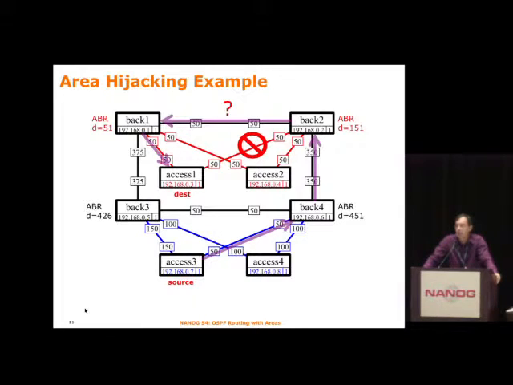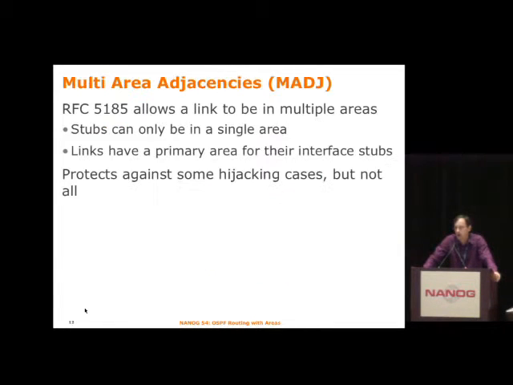But when the traffic reaches back 2, it will discover that it has an intra-area path and use that instead of forwarding to back 1 along the shorter path. And so the actual traffic will zigzag through one of the access routers on its way to the other one. So this is a well-known phenomenon.